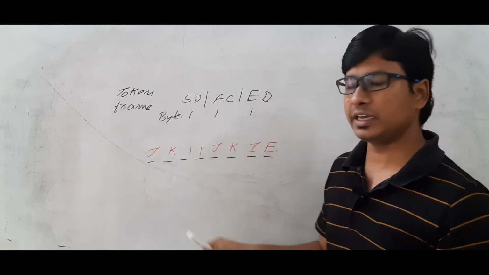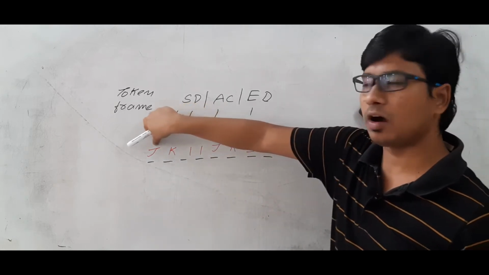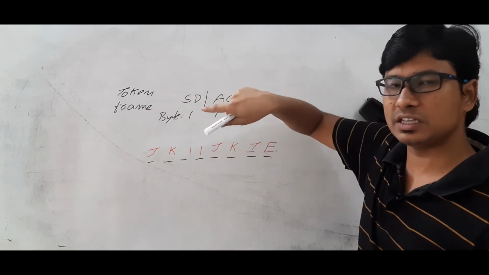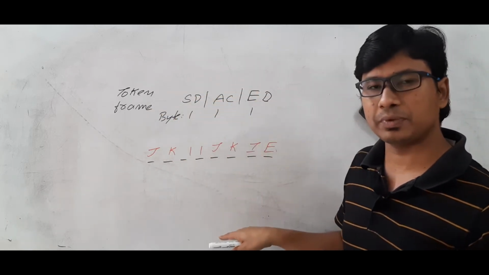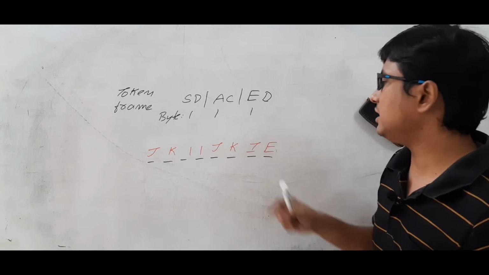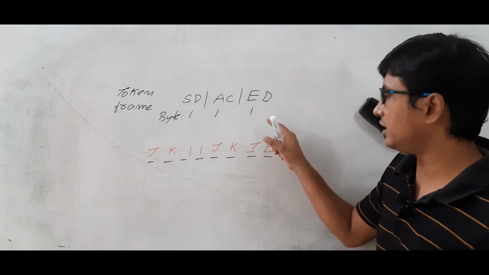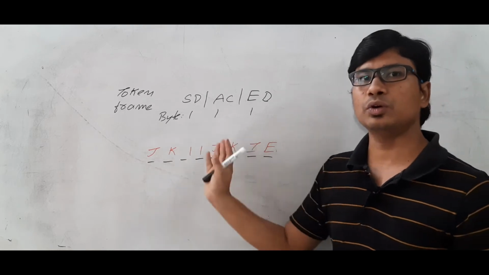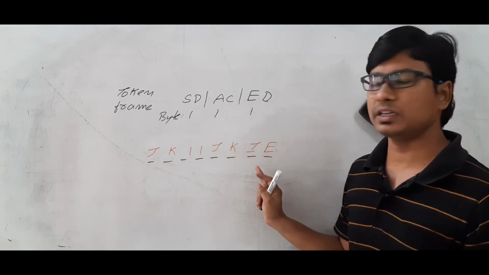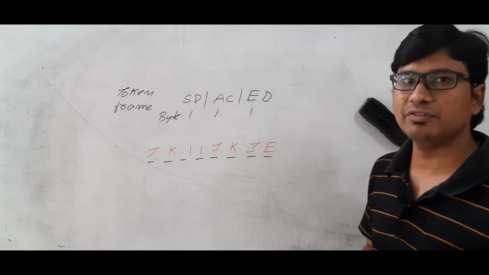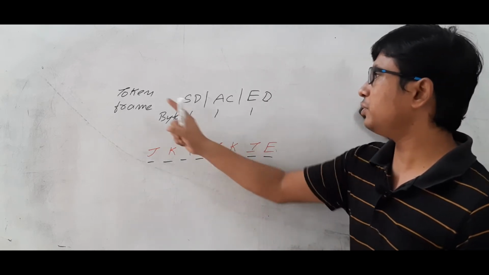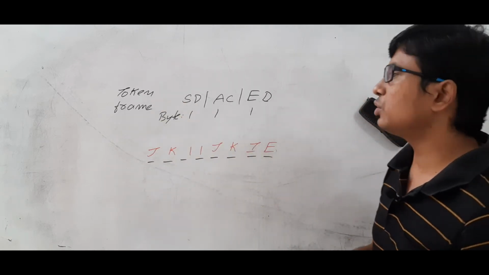So it is JK11. As I said already, what is JK? It represents the high voltage, 0 is for representing the low voltage, and IE is for I for information and E for error. Whether any error has happened in the token frame, then we will represent the error, and this is for the information frame. So I hope you have understood about the token frame.